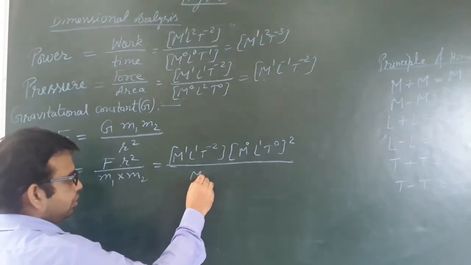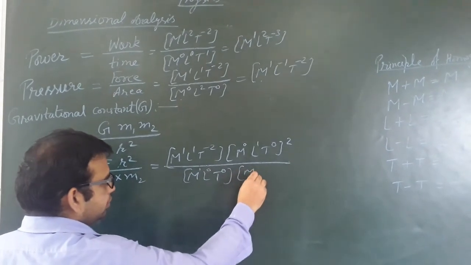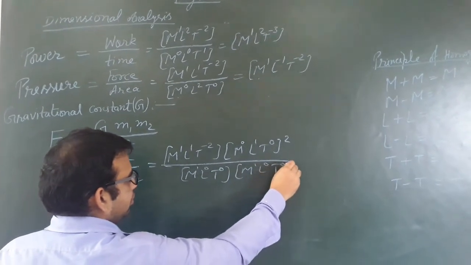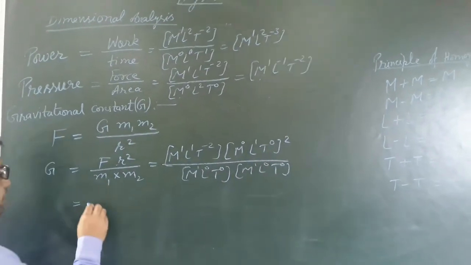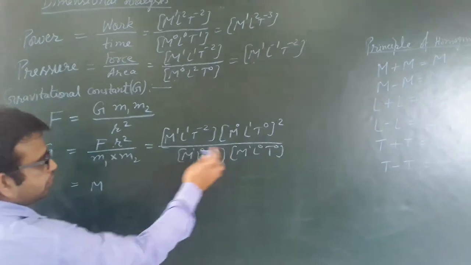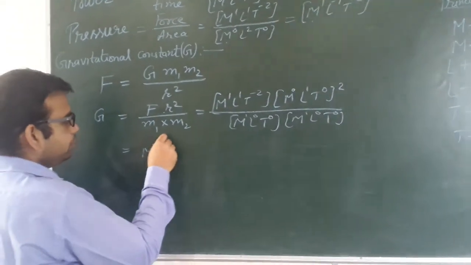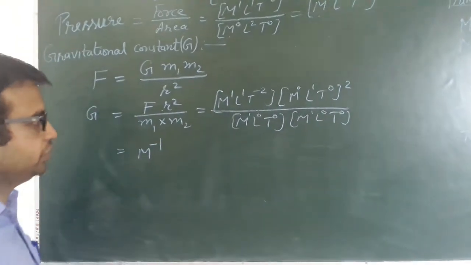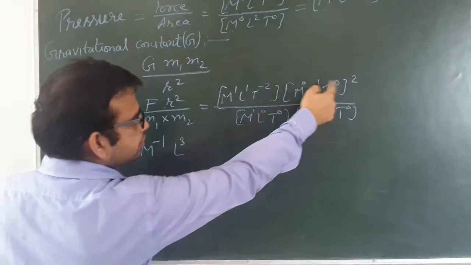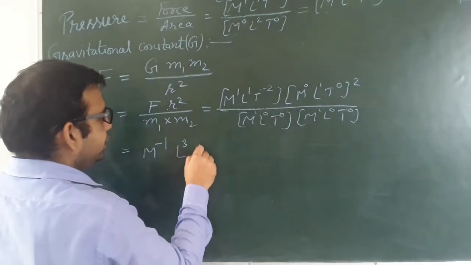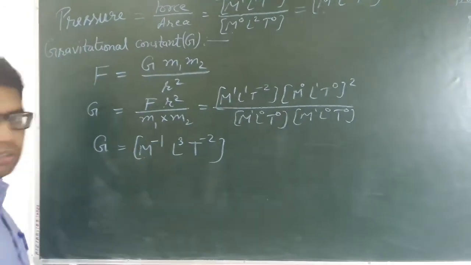Mass appears two times. When we solve this, the mass goes in the denominator, so it will be M minus 1, L3, and T minus 2. This is the dimension formula of the gravitational constant.